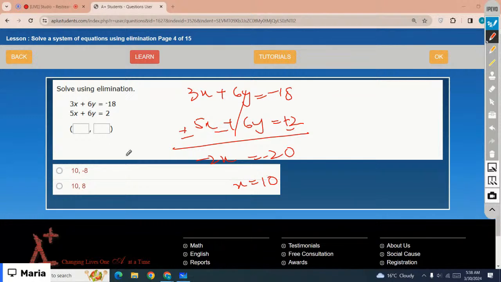Now substitute x equals 10 in any of the equations and solve for y. 5 times 10 plus 6y equals 2, that is 50, so 6y equals 2 minus 50. 6y equals negative 48, so y equals negative 8, right?